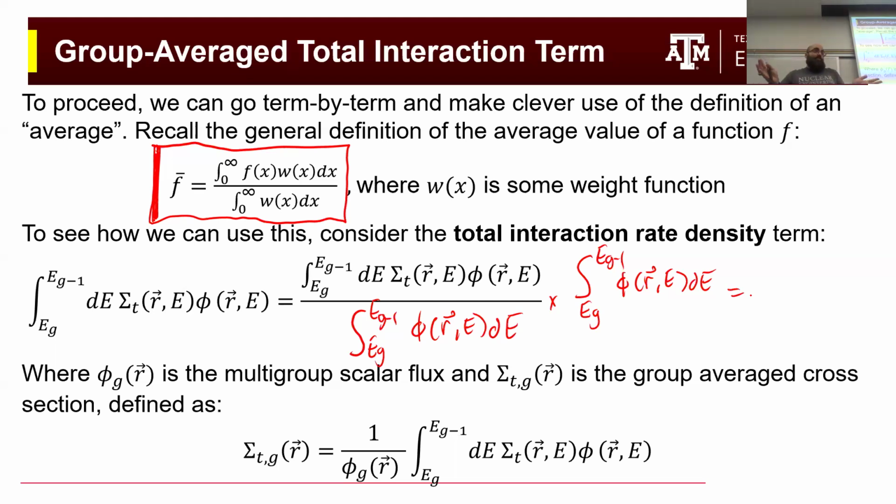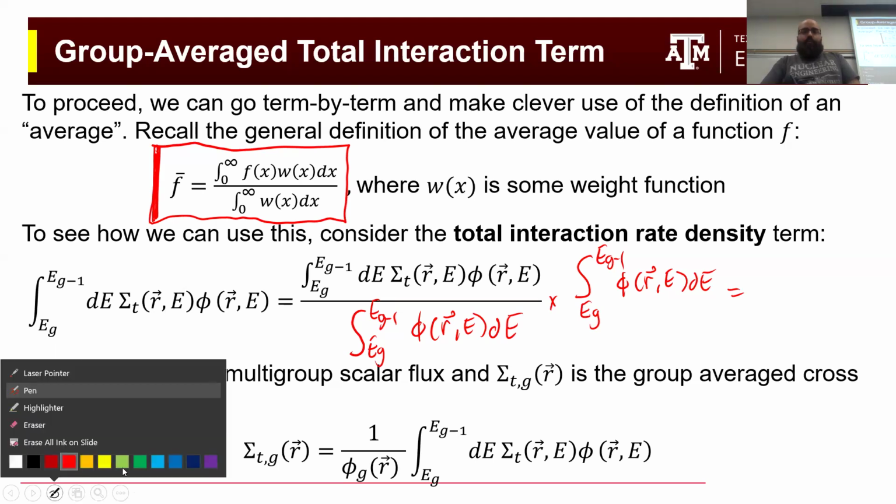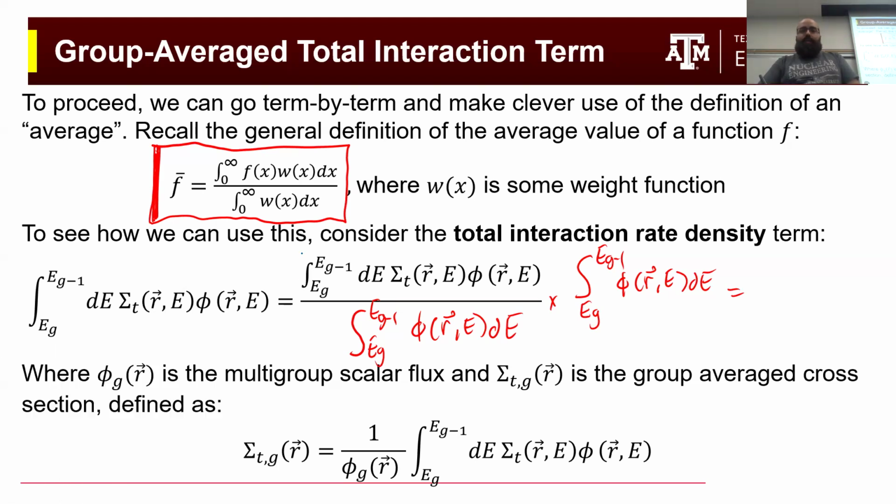Notice I haven't changed the quantity because I've just multiplied top and bottom by the same thing. So hopefully we see that that's okay. And then we can look at this term by itself, and then we're going to look at this other term by itself.